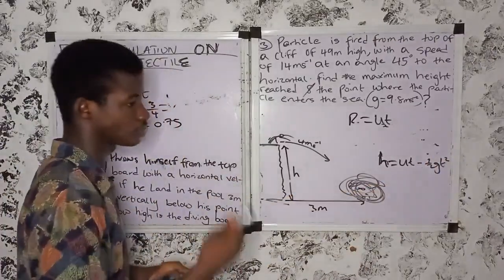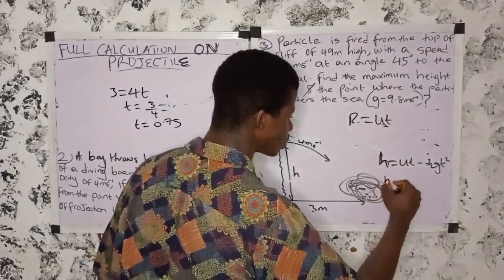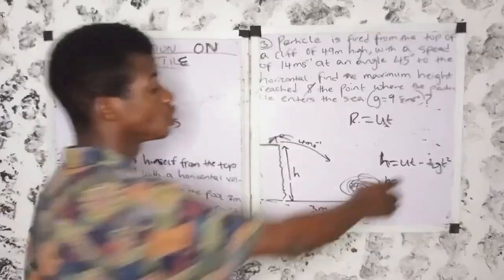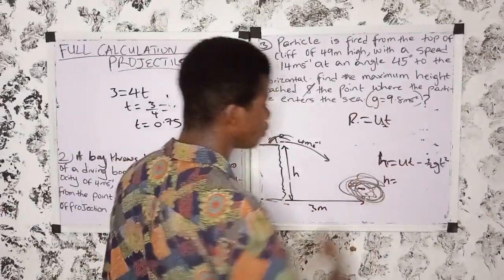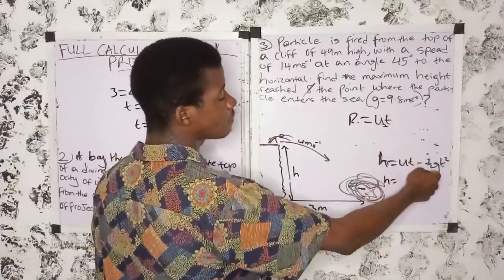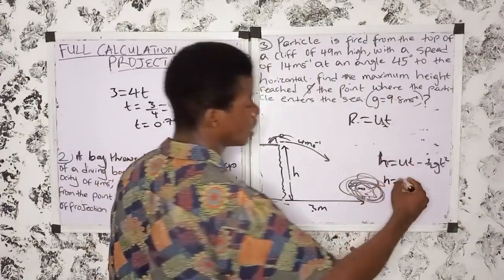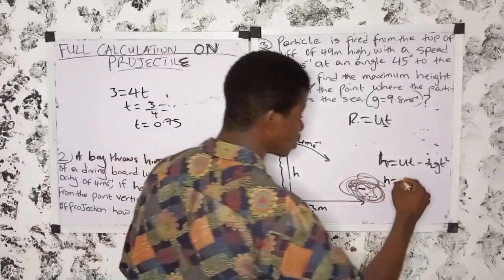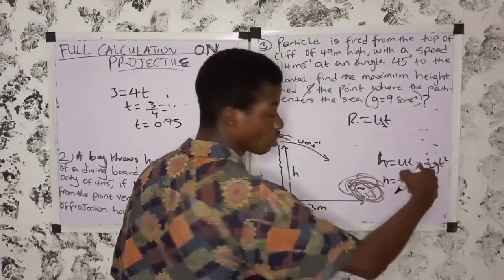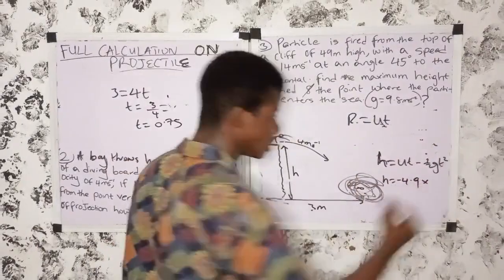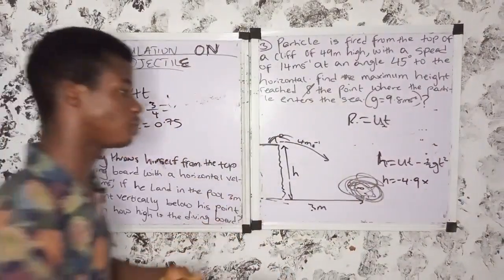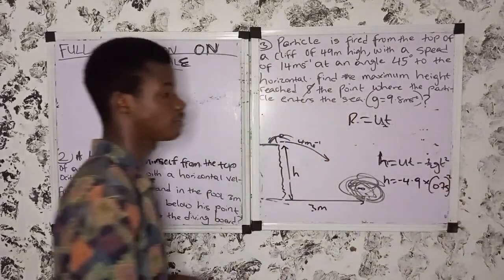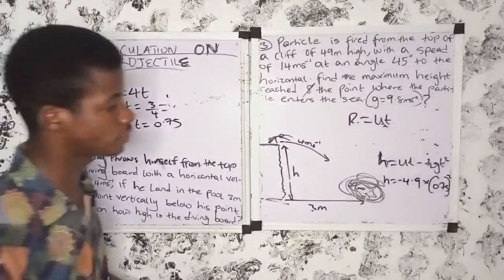Okay, so let's continue. Remember, U is 0, right? Then 0 times T will give us 0. Now we are left with this part. So now we have half times 9.8. Half times 9.8 will give us minus 4.9, right? Because you have minus here, then times time, which is 0.75, so times the square of 0.75.